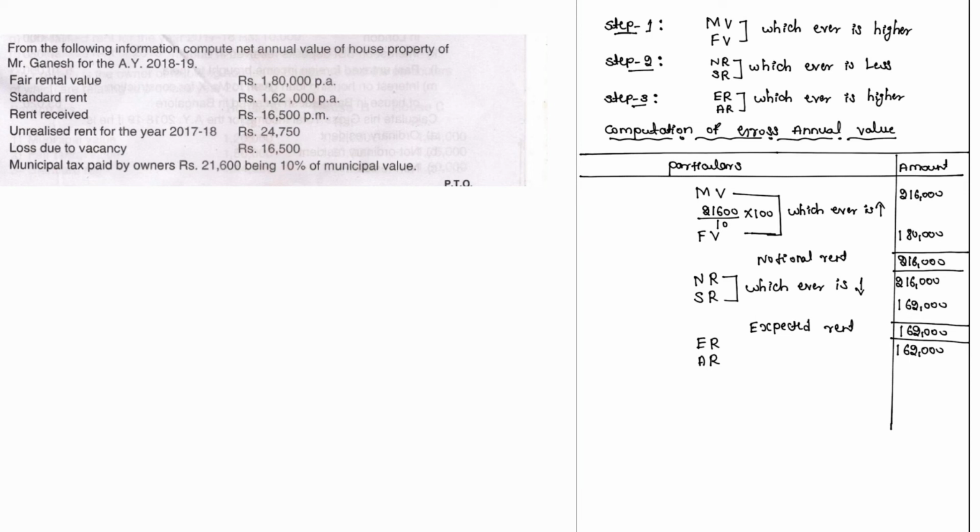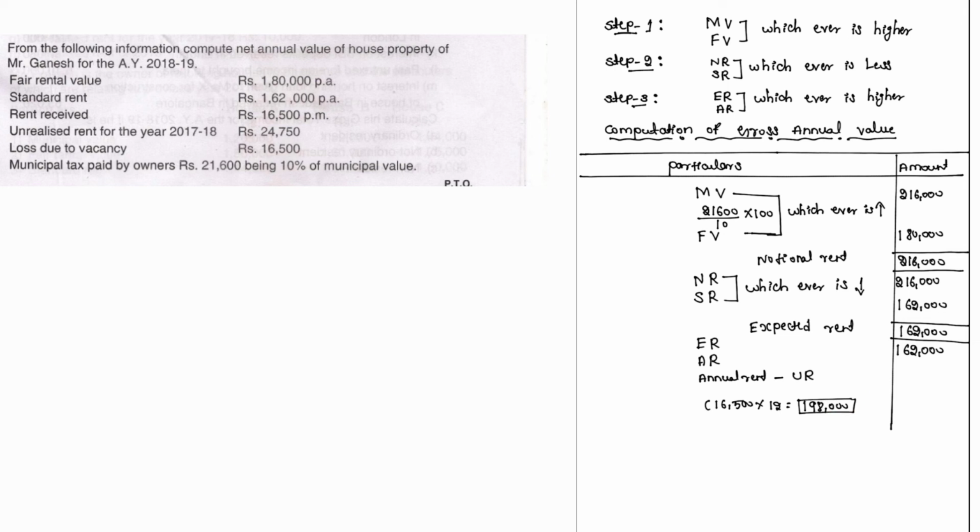For 1 month they are paying 16,500, so 16,500 into 12, you'll get the annual rent, 1,98,000.